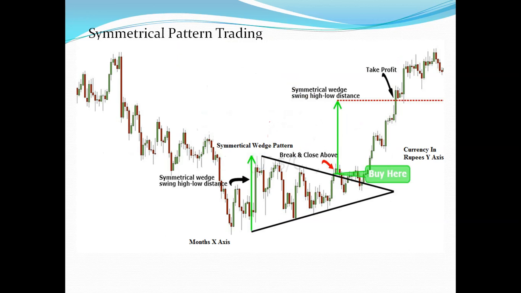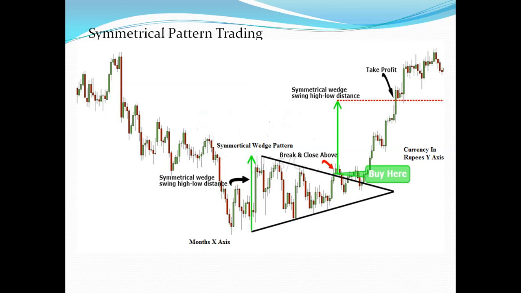Now you see here symmetrical pattern trading. You see how much you can take as profit and where you have to buy after getting confirmation on the second candle, and how you have to take the profit. That has been shown. So you just see and you can go ahead.